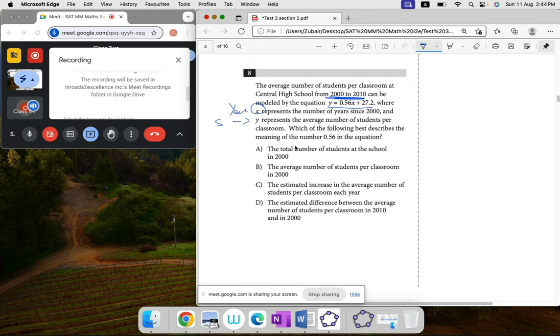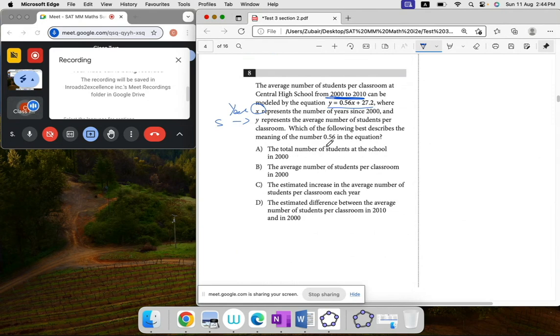Which of the following best describes the meaning of the term 0.56 in the equation? So if I'm having those years, 27.2 would mean that it started off with that, and 0.56 is the factor since 2000.